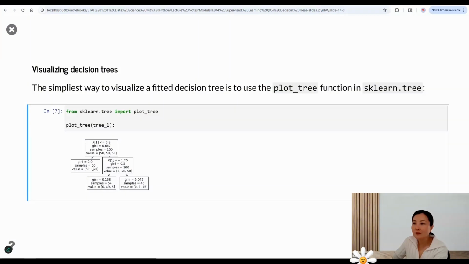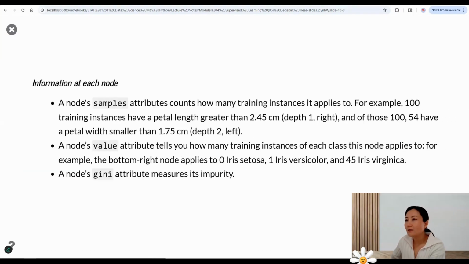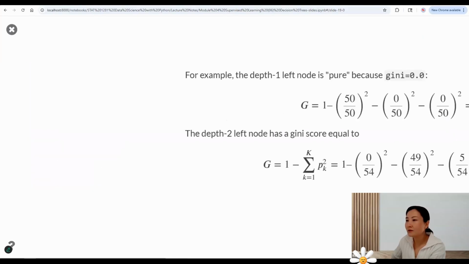Here samples are 50, and if you check the value vector, all of the 50 observations are assigned to the first class. So that's why the Gini is 0. Gini impurity is equal to 0 now.